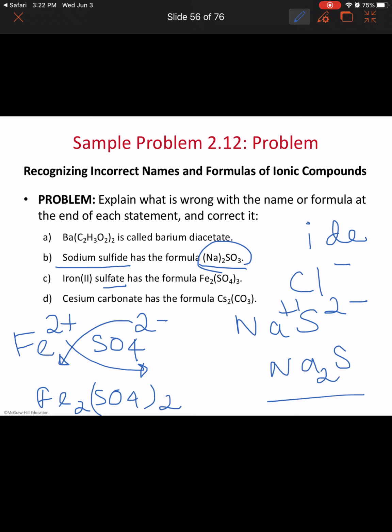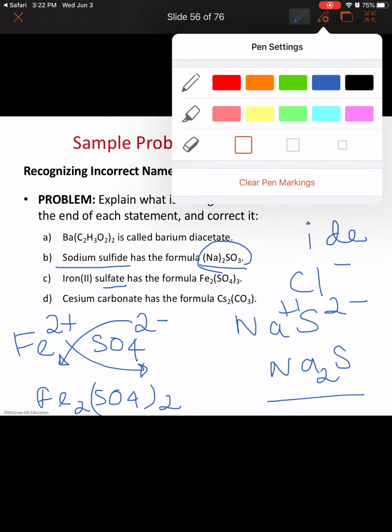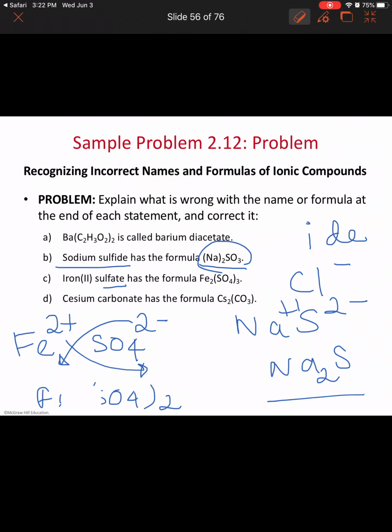But in an ionic compound, if you have the same subscripts, you can divide by a common factor and then it would become a 1-to-1 ratio. So basically it would become FeSO4. Iron 2 sulfate is FeSO4.